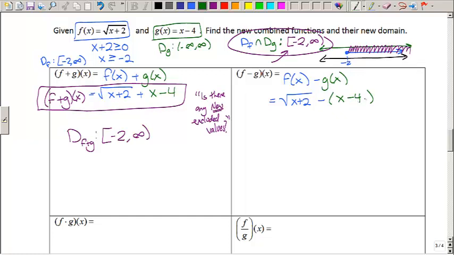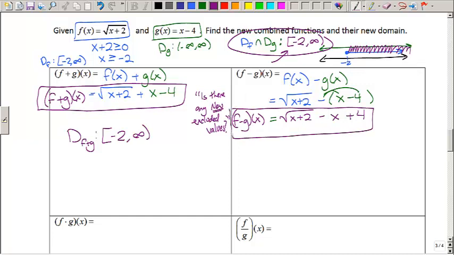Notice I put that in parentheses because whenever you subtract a polynomial, you want to distribute your negative all the way through, which will get us the square root of x plus 2 minus x plus 4. Everyone gets the minus x right. It's the plus that they often forget, to distribute the negative to the second term. There's nothing else to be distributed or combined here, so this is my new function that I've created by taking f minus g of x.